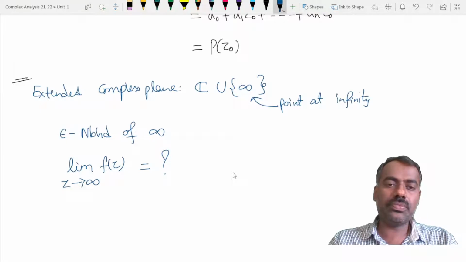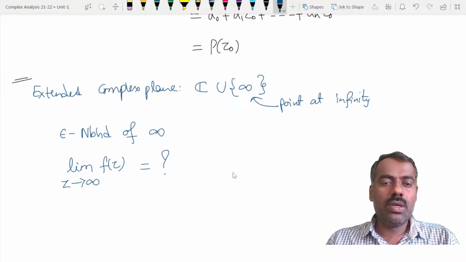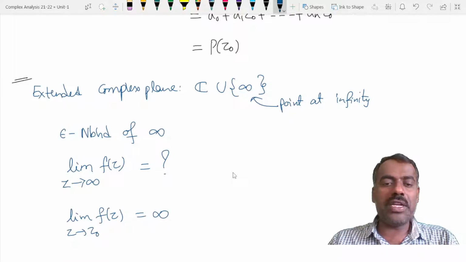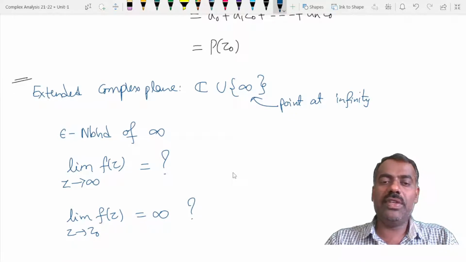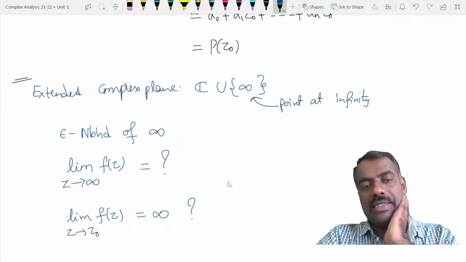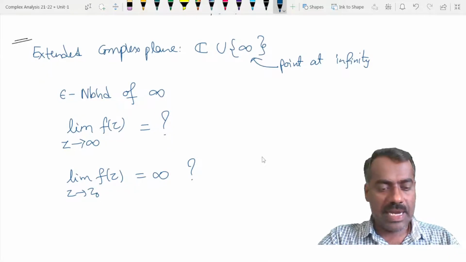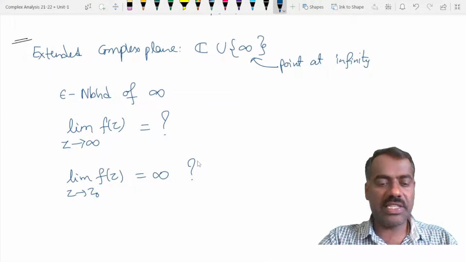Is this clear? And we also see what is meant by the limit of f of z as z tending to z naught instead of w naught, which is a complex number. Now if we have this point at infinity, what is the meaning of this? We'll give equivalent known things using this. Okay. So I'll stop here and we'll see in next class.